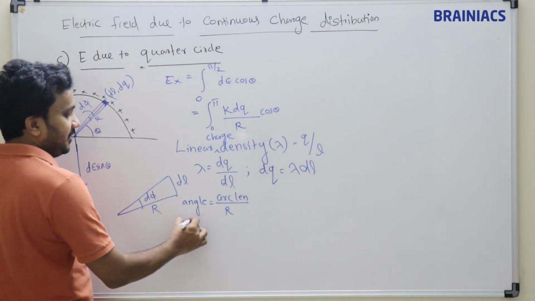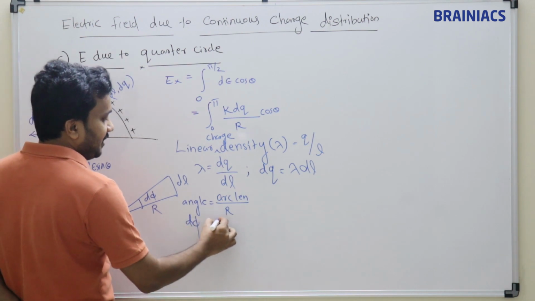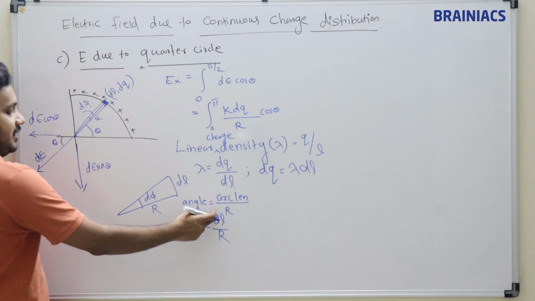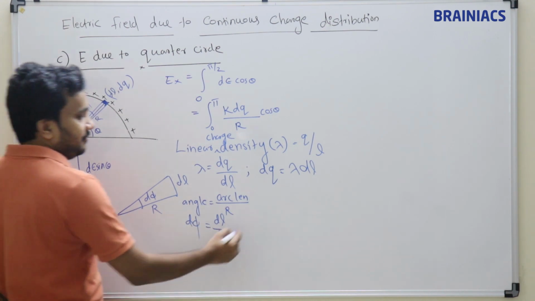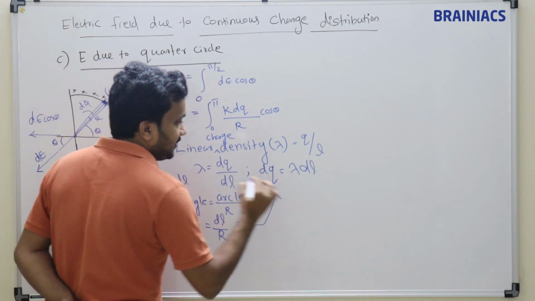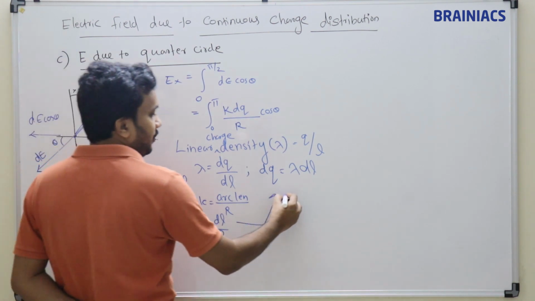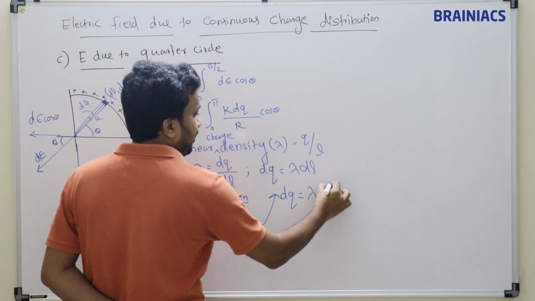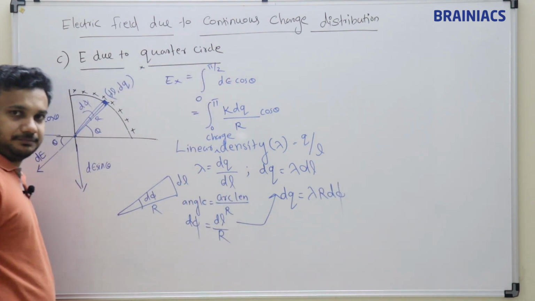Here the angle is d phi, the arc length is dl, and the radius is r. So dl equals r d phi. Substituting this, we now get dq equal to lambda into r times d phi.